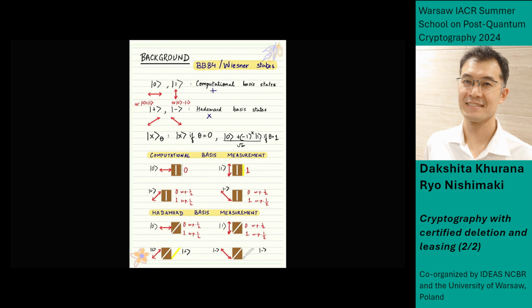Okay. So let's see how to achieve encryption with certified deletion. We will look at the construction by Broadbent and Islam, and this is the background. We use the BB84 state, or it is called the Wiesner state, which Omri explained yesterday.